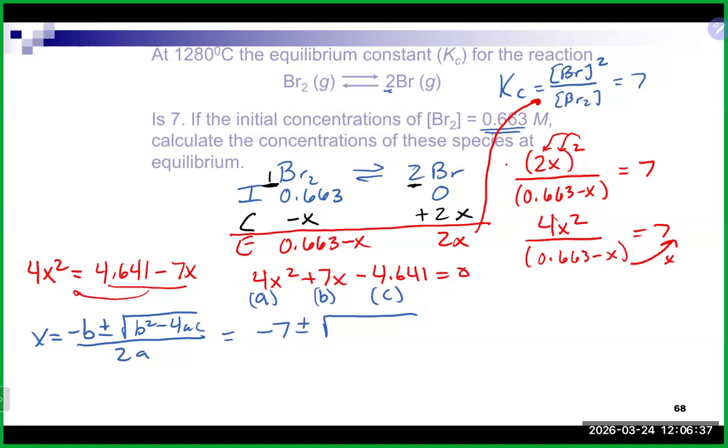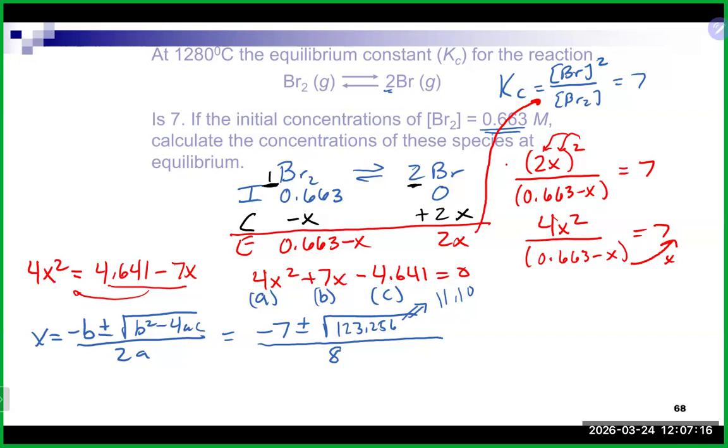If you do everything inside the square root, which is 7 squared minus 4 times a, which is 4, times c, which is negative 4.641, you're going to end up inside the square root with 123.256, to which if you then take the square root of it, you end up with about 11.10. That's all going to be divided by 2 times A, which is 8.